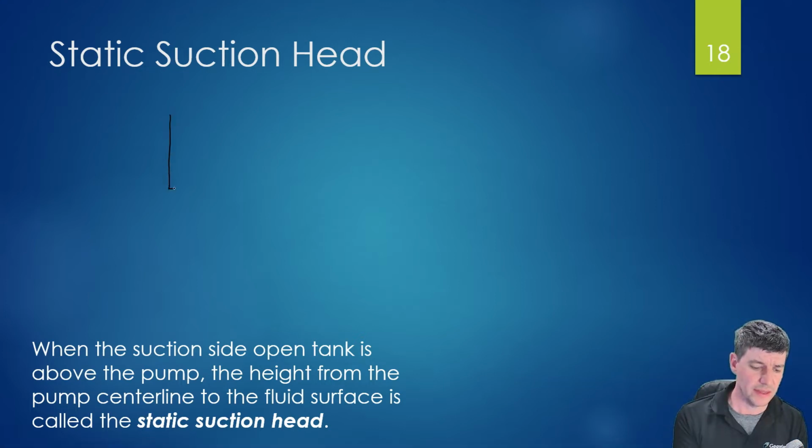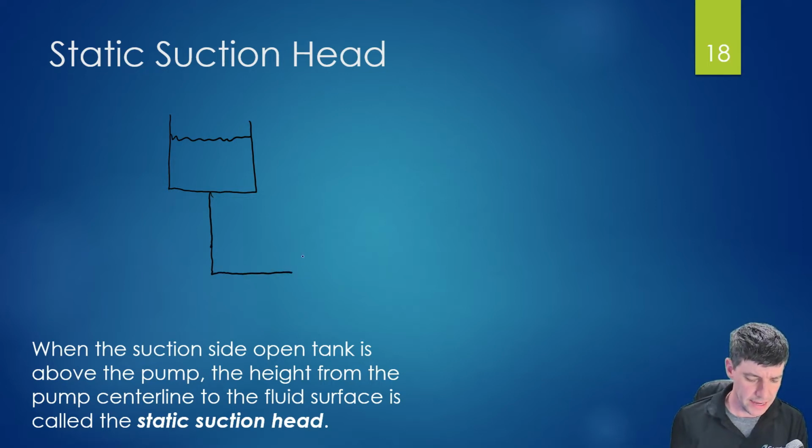We have a tank, and it's got some fluid in it. And then we have a discharge from that tank, and it makes its way to the pump, which then would continue on through my system. And so in this case, once again, we go from the center line of our pump to the level of our fluid, and we would consider this to be our static suction head.